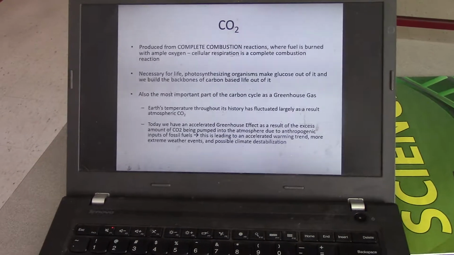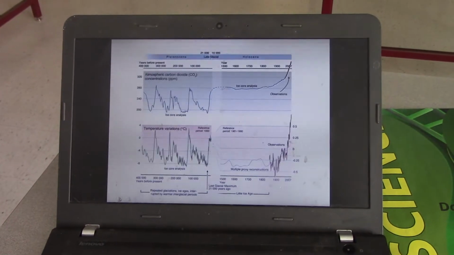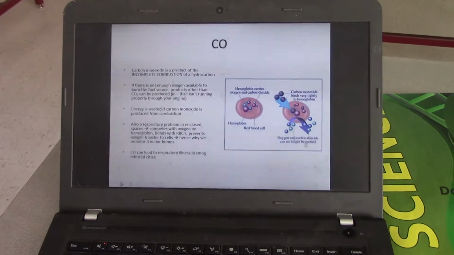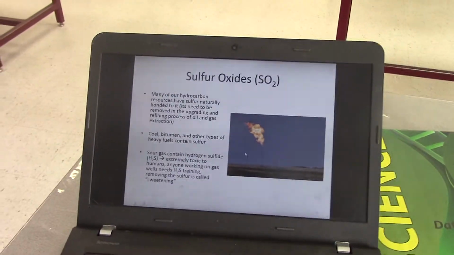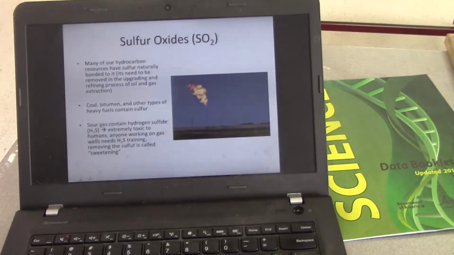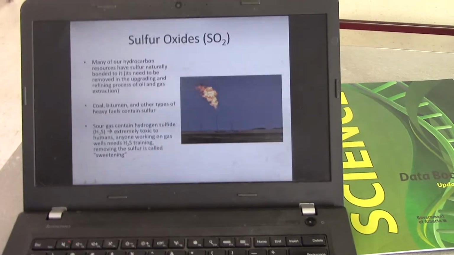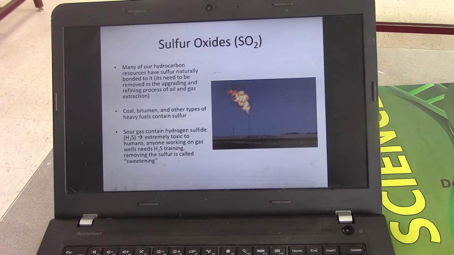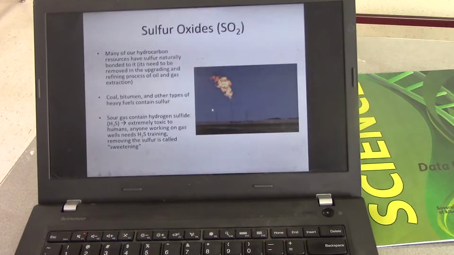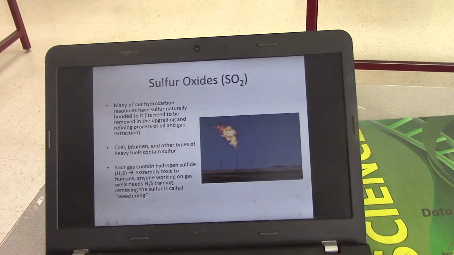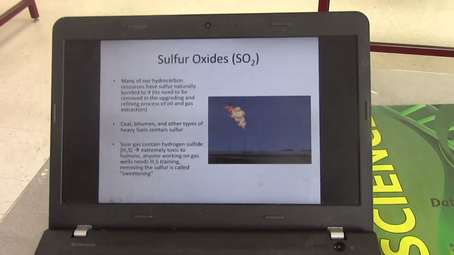Just to review, we talked about CO2 and a little bit about climate change last week. We talked about the greenhouse effect, carbon monoxide, and sulfur oxide and how it makes hydrogen sulfide. When hydrogen sulfide is burned off from gas flares, it gets in the atmosphere and makes sulfur dioxides. That can combine with water to make sulfuric acid.